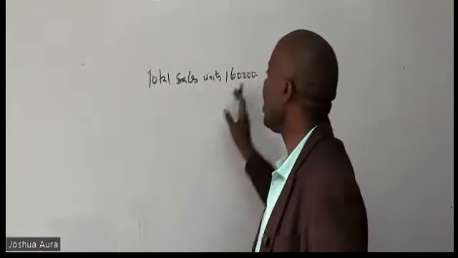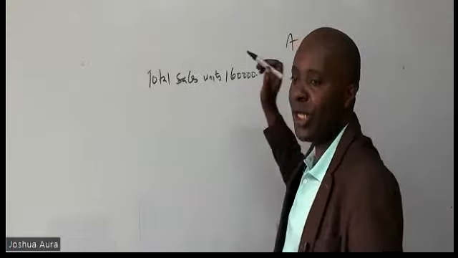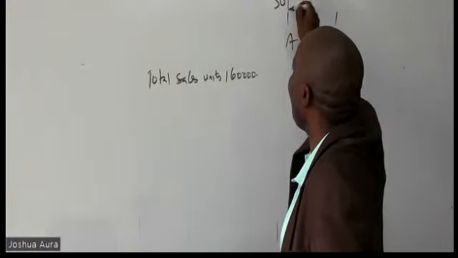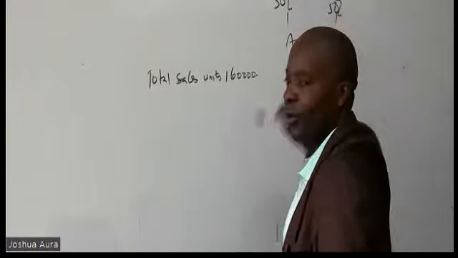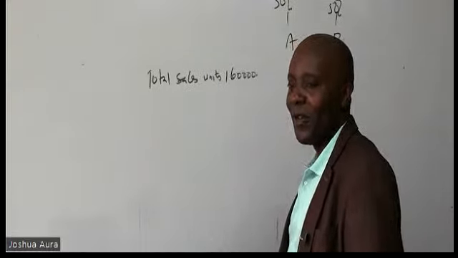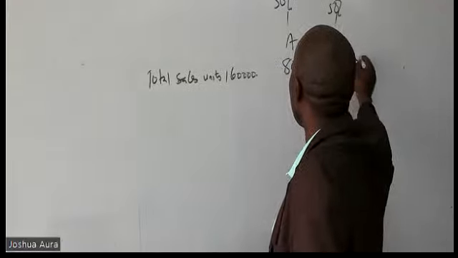So they want us to redistribute this to A and B using the new sales mix, 1:1. So 1:1 means what here? 50-50, 50%, 50%. So meaning that this will be 80,000, this will be 80,000, like that.